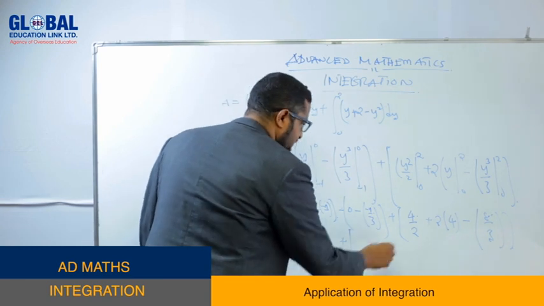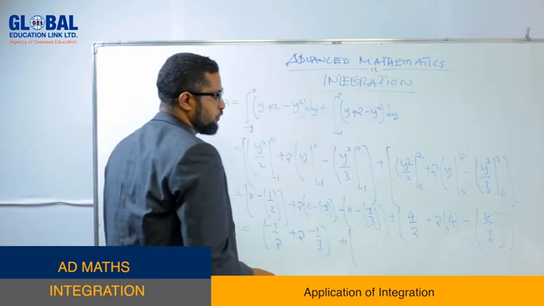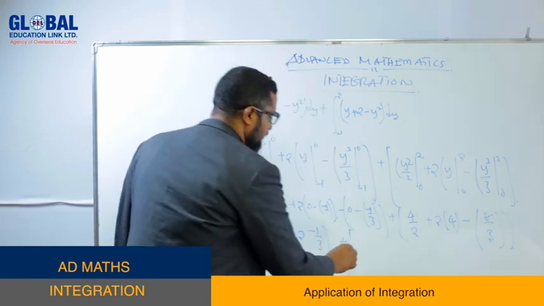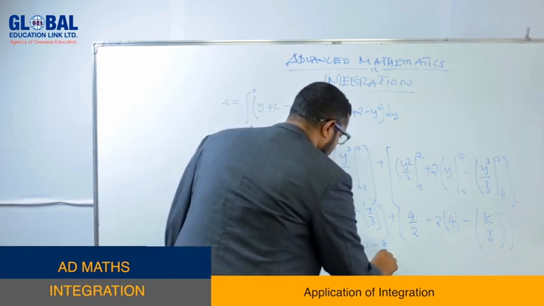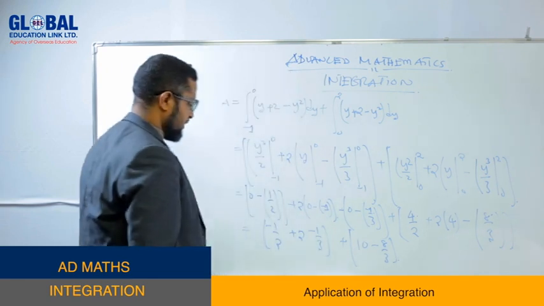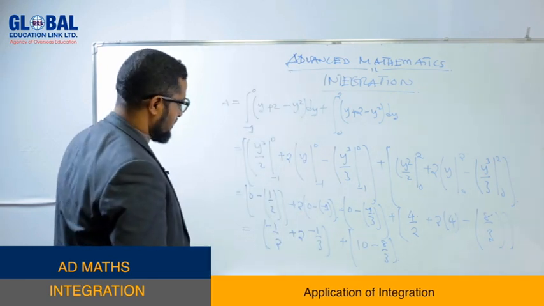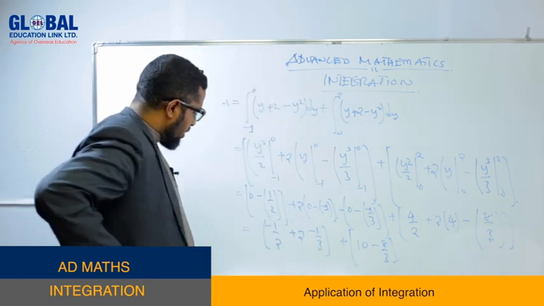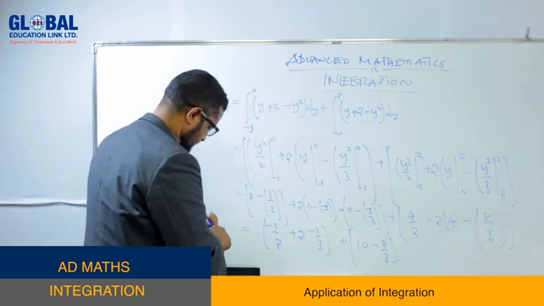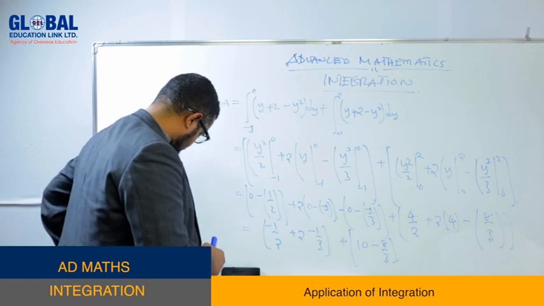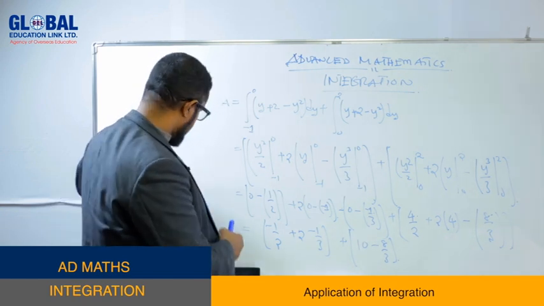So if we plus, this one becomes positive 2, and this one becomes 8, so it is 10 minus 8 over 3. So if we simplify to the last point, what are we going to get? Use your calculator, simplify.